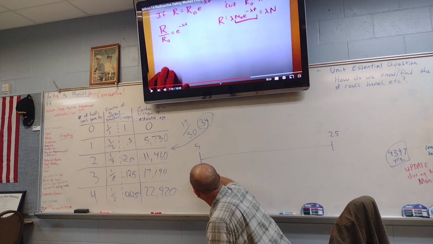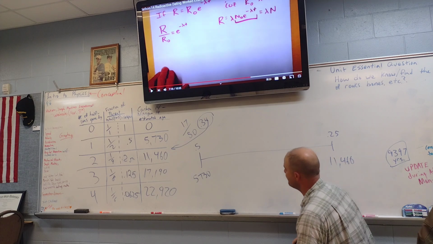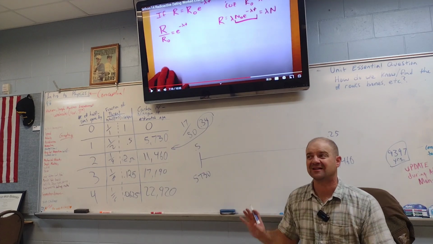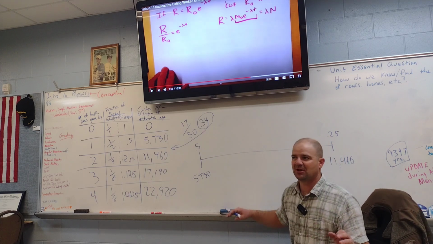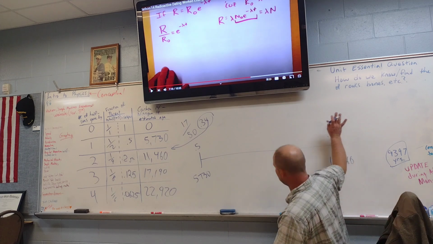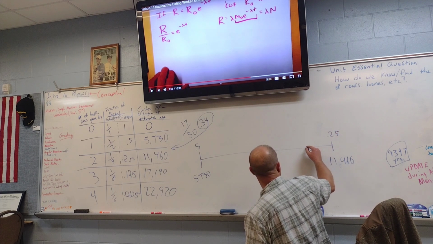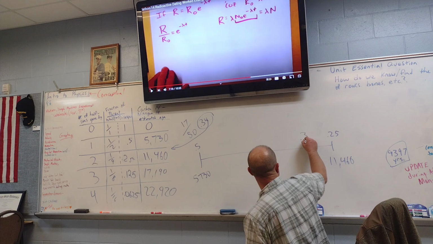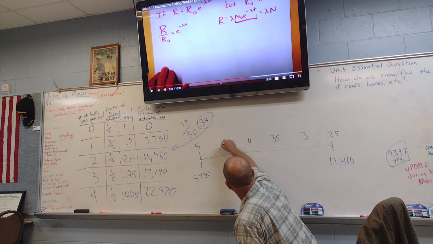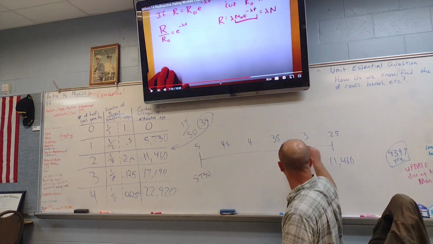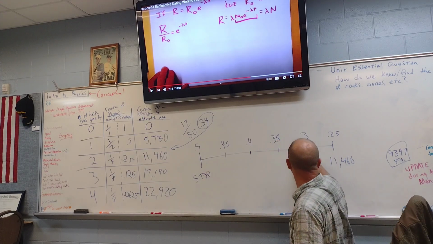So this is still going to be 5,730. This is still going to be 11,460. Now, from here we can decide how precise we want to be. I don't want to have to divide this by a huge number. So, what if I wanted to do 0.3, 0.35, 0.4, 0.45, and I'd be dividing by 1, 2, 3, 4, 5.